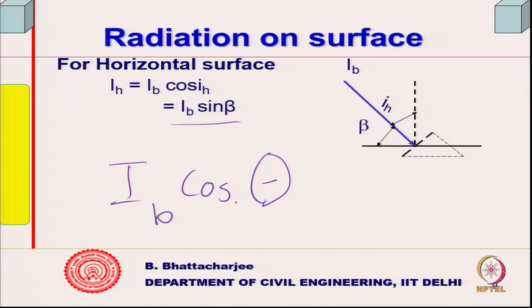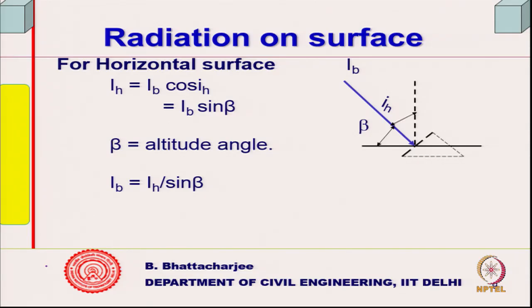So, I on any angle would be given as I_B cos of the incident angle. That is how we define the cos of incident angle, as we have defined earlier. For a horizontal surface it is simply like that.